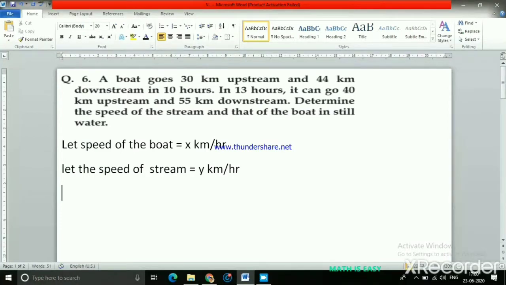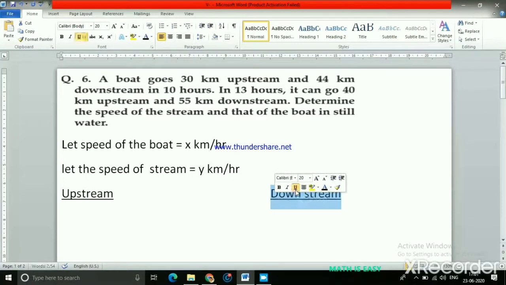Now I'll go for case 1 and case 2. This is the first one, upstream, let me underline this. The second case will be downstream. Upstream means going against the water, downstream means going along with the water.